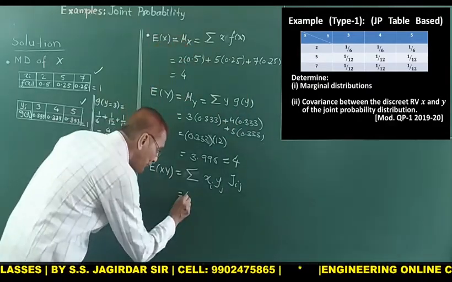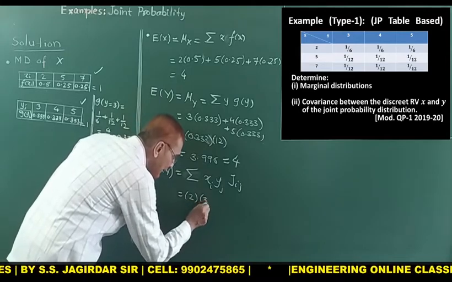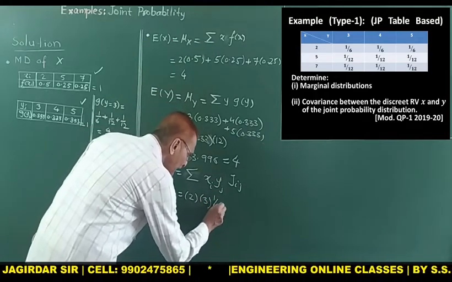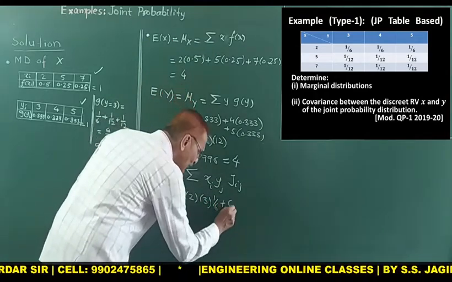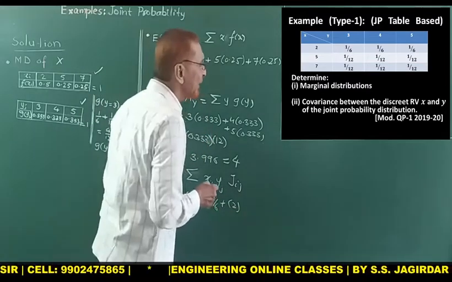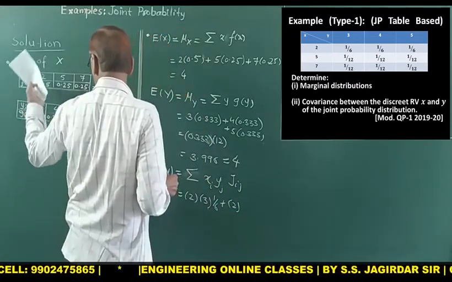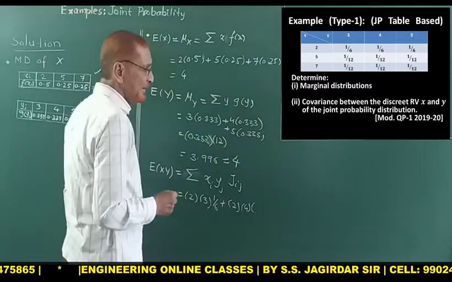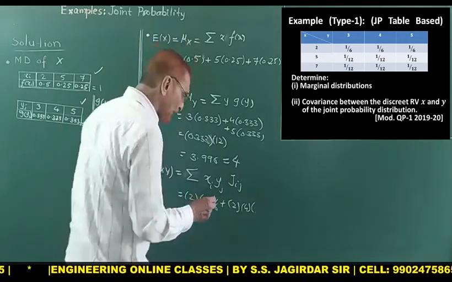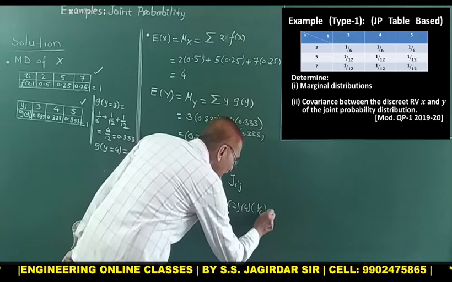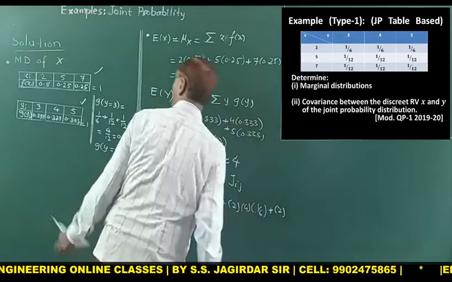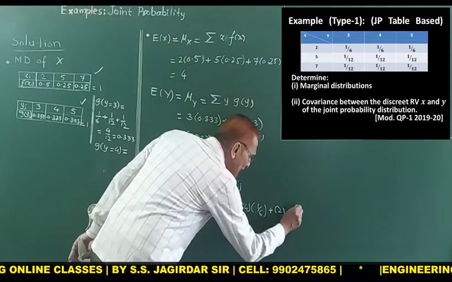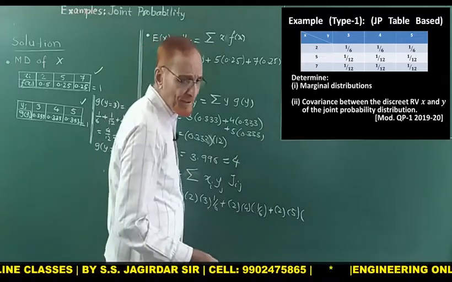First 2 into 3, and for 2 and 3 the j value is 1 upon 6, plus 2 with 4, and the corresponding j value is again 1 upon 6, plus lastly 2 with 5, and the j value is again 1 upon 6.